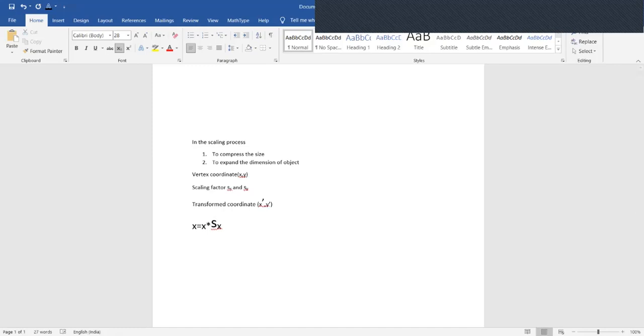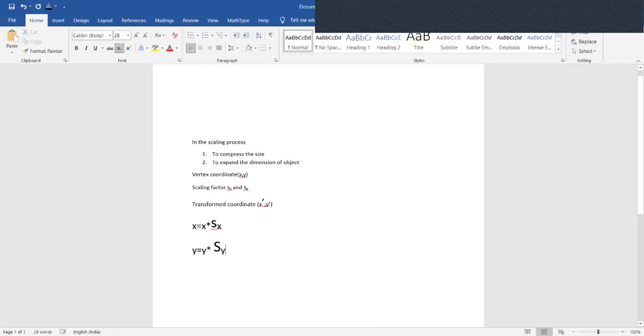Similarly, y dash is equal to y into Sy. So this is how the scaled coordinates are calculated.